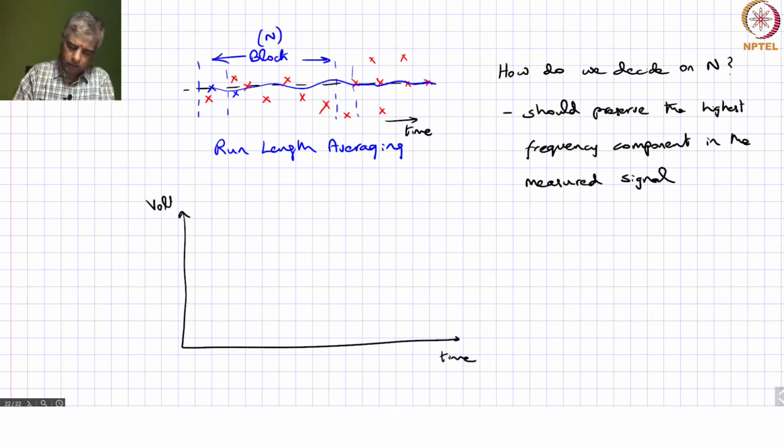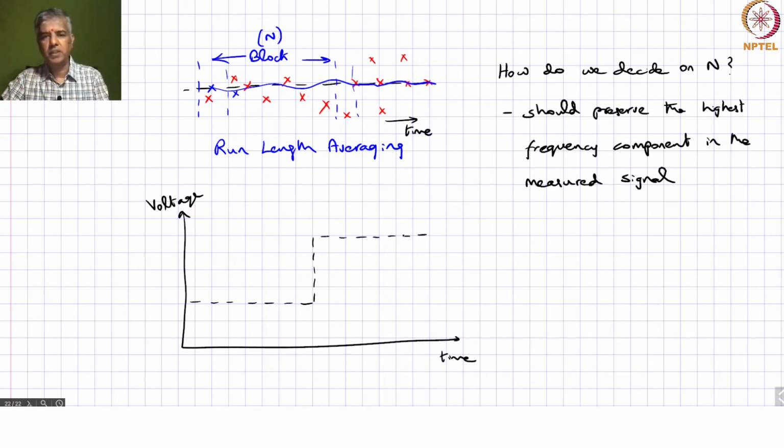We are looking at this voltage, and just like before, we have a certain level, but after a certain time it jumps to another level, whatever quantity we are measuring. The example we took last lecture was gas concentration. Let's say the gas concentration is suddenly jumping after a certain time.